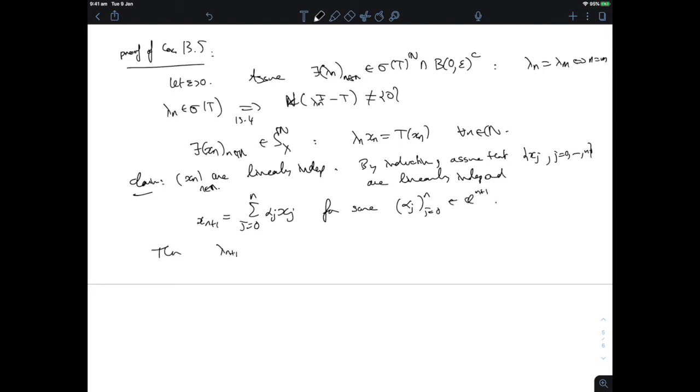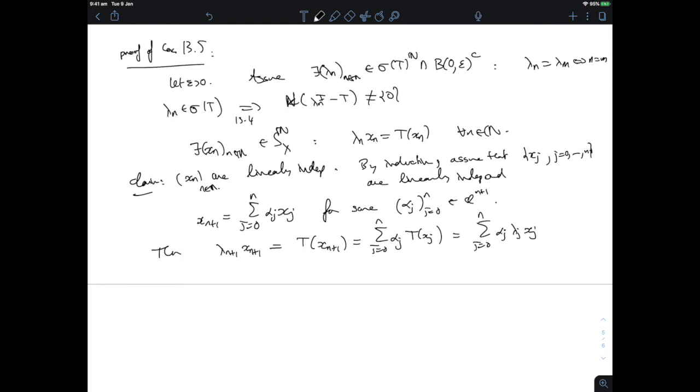Then lambda_{n+1} x_{n+1} is going to be T of x_{n+1}, right? Because x_{n+1} is an eigenvector, and so this is going to be the sum of alpha_j T of x_j, j equals 0 to n, and the T of x_j's are lambda_j x_j's. So alpha_j lambda_j x_j, j equals 0 to n.